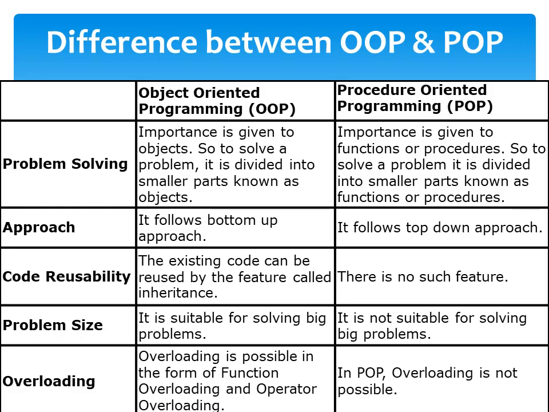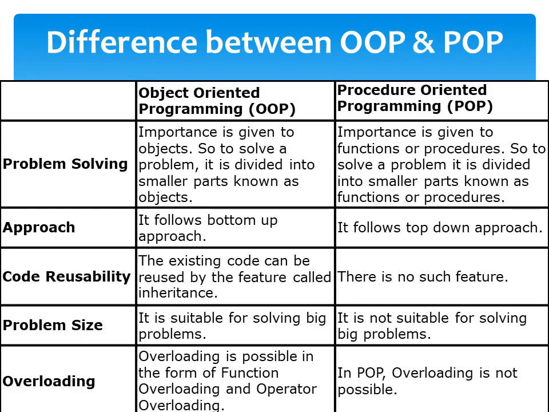Third, code reusability. In object-oriented programming, existing code can be reused by applying the concept of inheritance, whereas in procedure-oriented programming, there is no concept of inheritance, and so reusability of code is difficult to apply. Fourth, problem size.